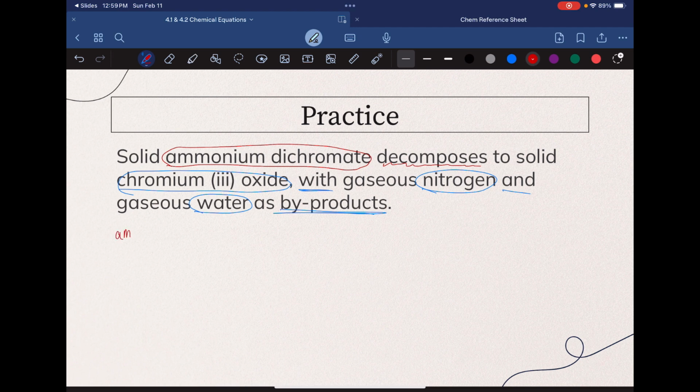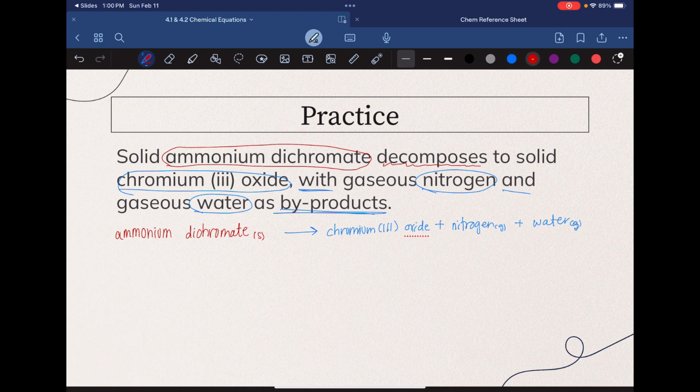So we have ammonium dichromate, and it's a solid. It's decomposing to chromium(III) oxide plus nitrogen, it's gas, and water. It's also a gas as your byproducts.